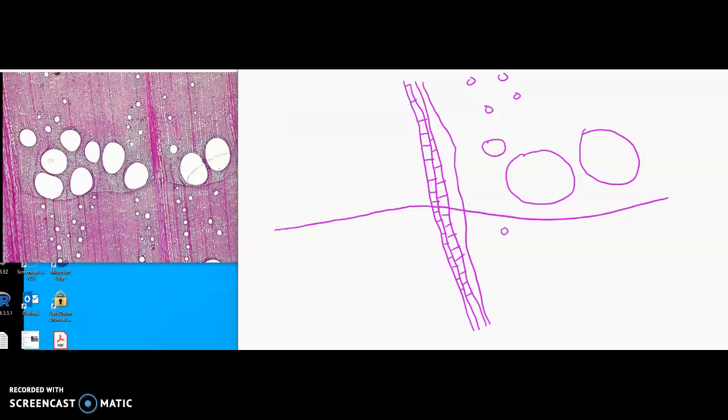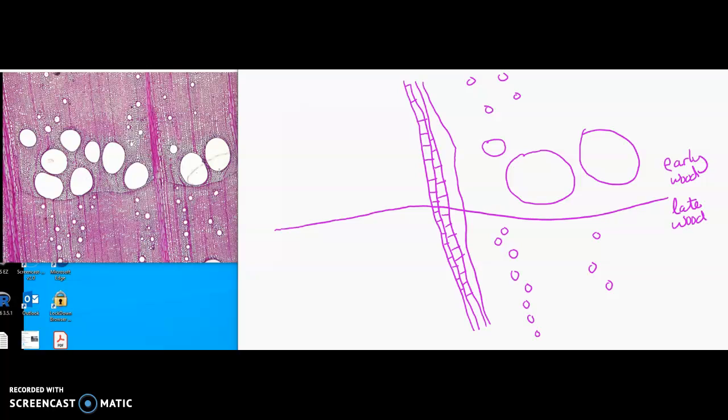And then on the other side, we just have those small vessels that we can see scattered throughout there. That makes this area with the very large vessels the early wood. On the other side, that would be our late wood.